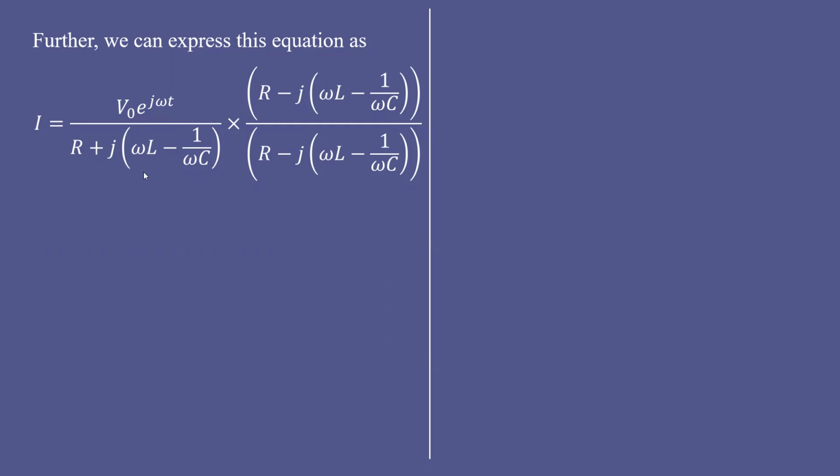Now the denominator is of the form (a plus b) into (a minus b). Just look at the terms here.